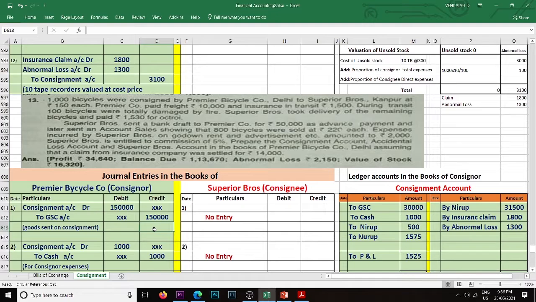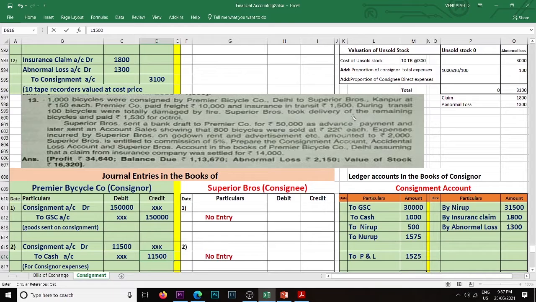Premier Co. paid 10,000, right? 10,000. Insurance in transit 1,500. Total amount of consignor expenses is 11,500. During the transit, 100 bicycles were damaged totally, damaged by fire.